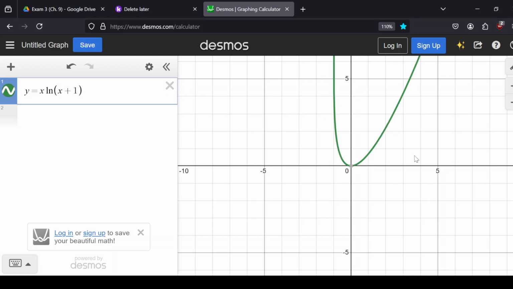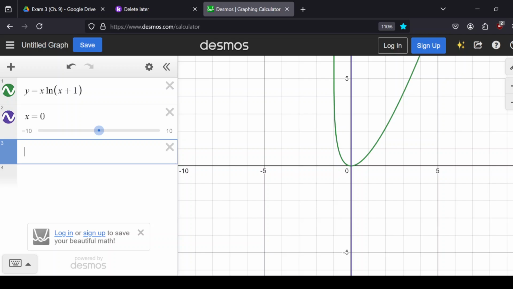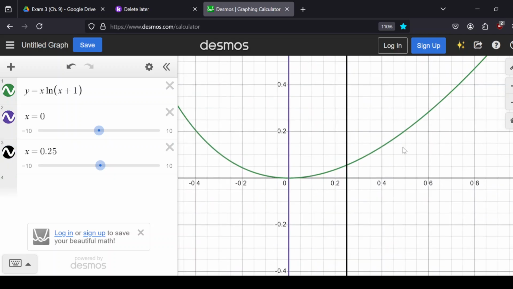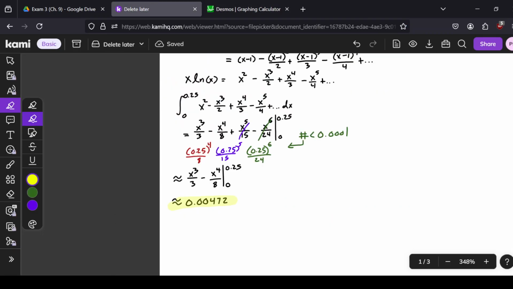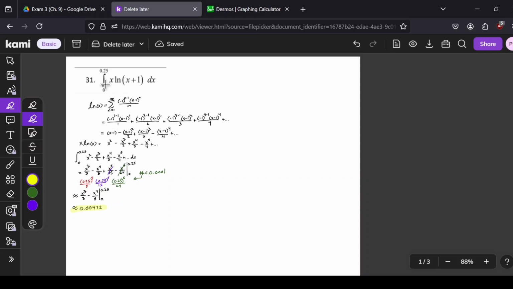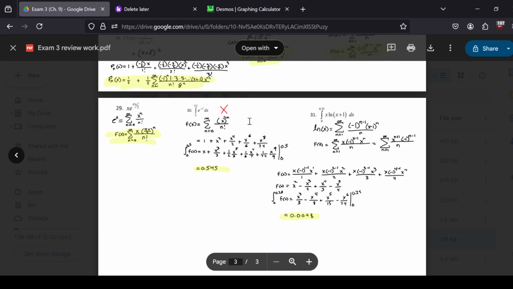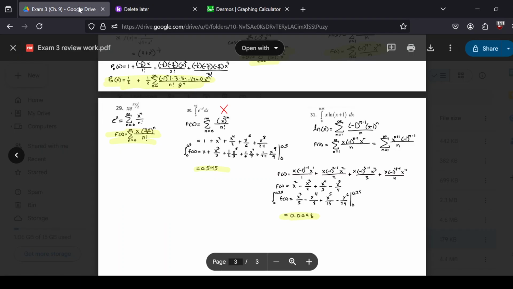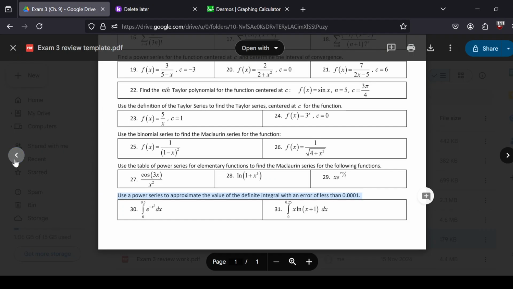So x equals 0.25. If you zoom in, yeah, that looks about right. Okay. So that's how you integrate something that you can't integrate using Taylor? Yeah, no, Maclaurin polynomials. Same thing.